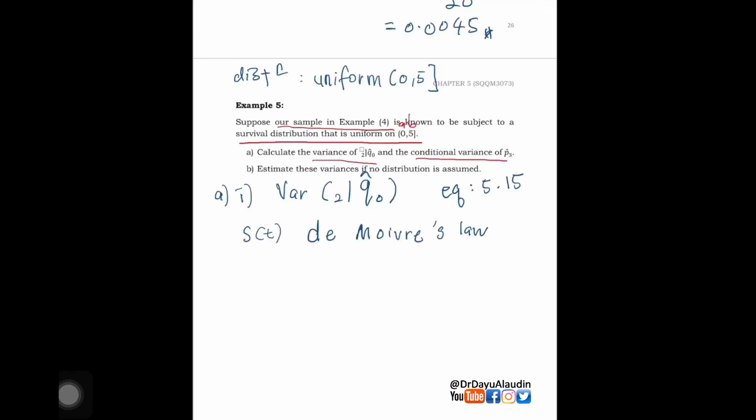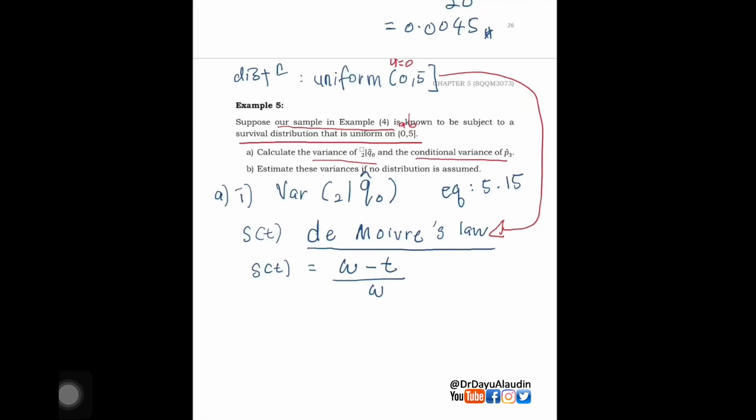The S(t) is equal to, when A is equal to 0, remember we learned in chapter 3, when A equals 0 it becomes a special case of the uniform distribution, and we call it De Moivre's law. So we can find S(t) using De Moivre's law: omega minus t over omega.